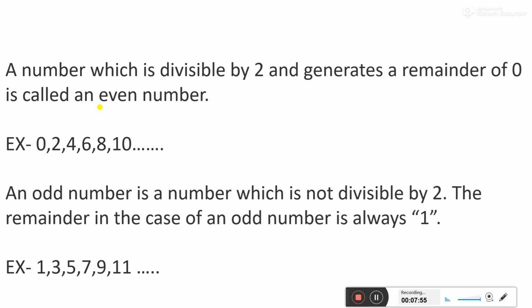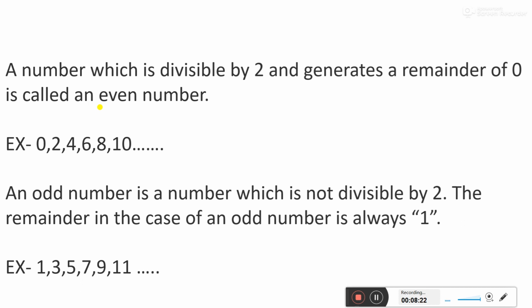So a number which is completely divisible by 2 and generates a remainder of 0 is called an even number. And what is odd number? An odd number is a number which is not divisible by 2, which generates the remainder of always 1. For example, 1, 3, when we divide 3 by 2, it will generate a remainder of 1, right?